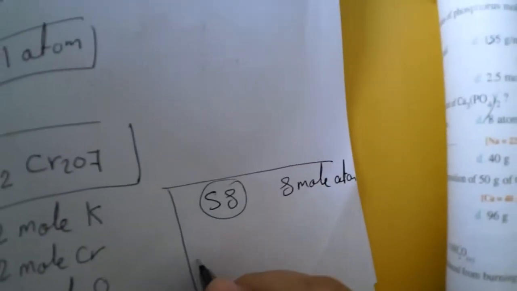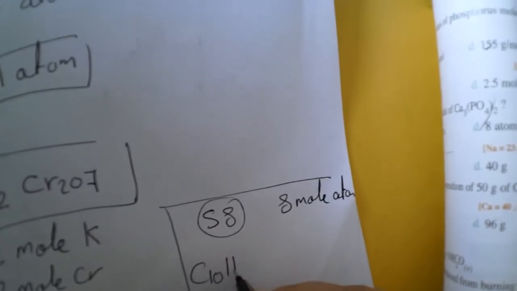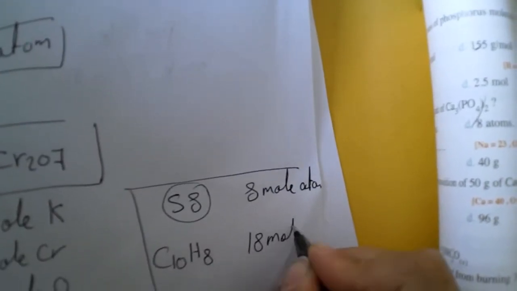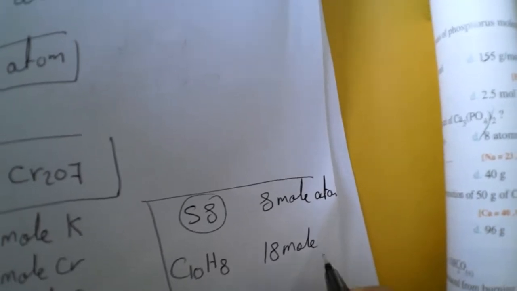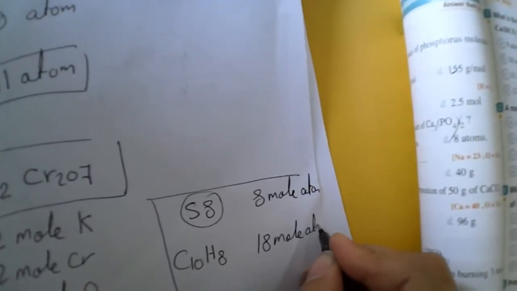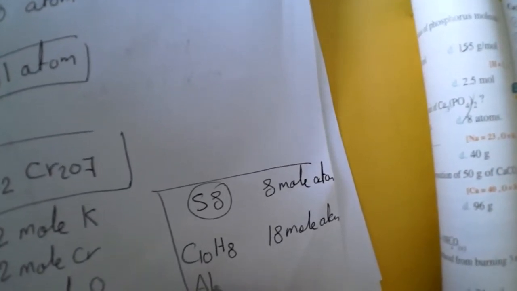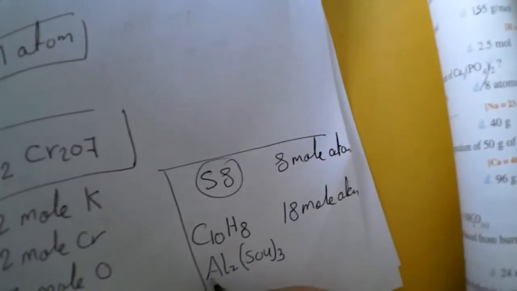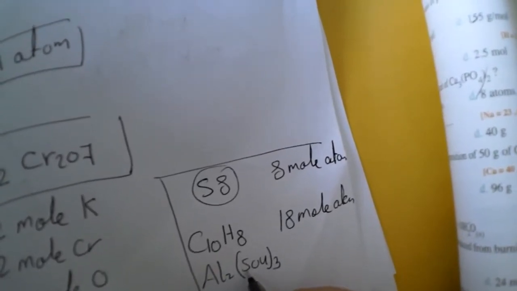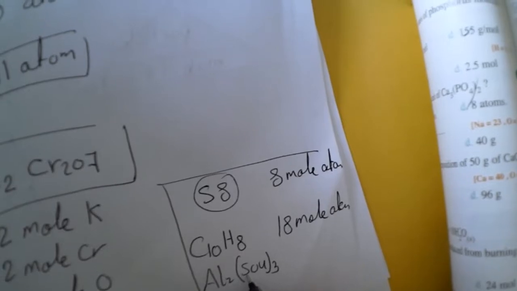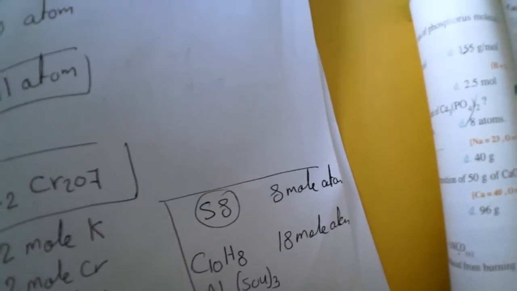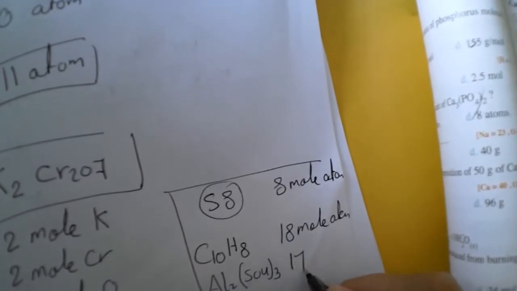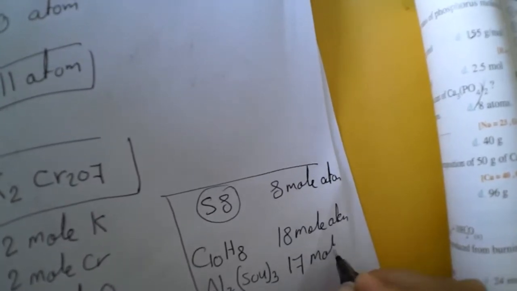We have C10H8, we have 18 mole of atoms, 10 for carbon and 8 for hydrogen. Al2(SO4)3, we have 2 for aluminium with 3 for sulfur, so it's 5, and we have 12 for oxygen. Here we have 17 mole of atoms.